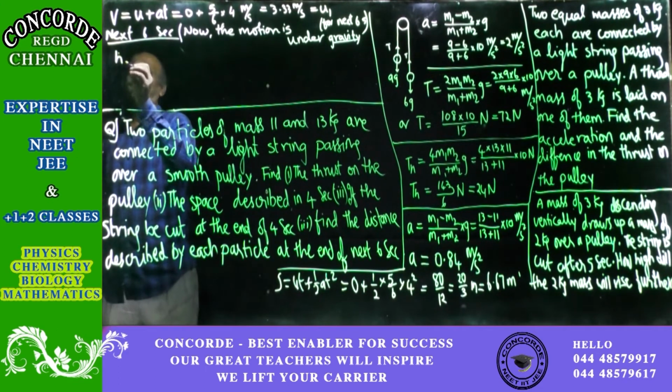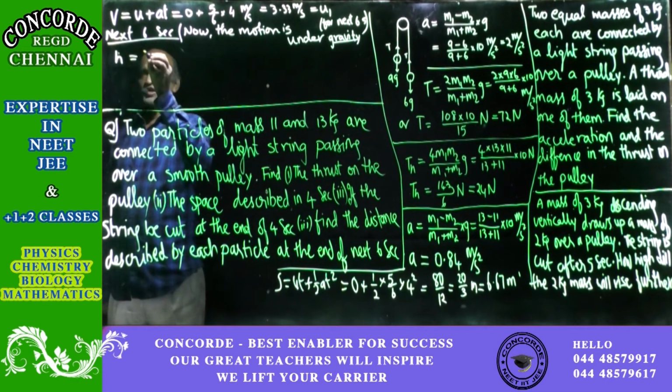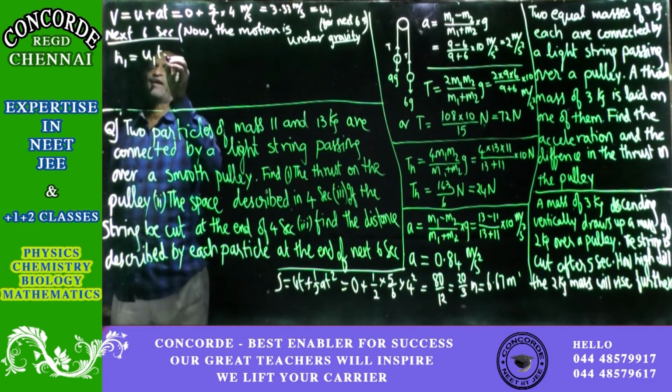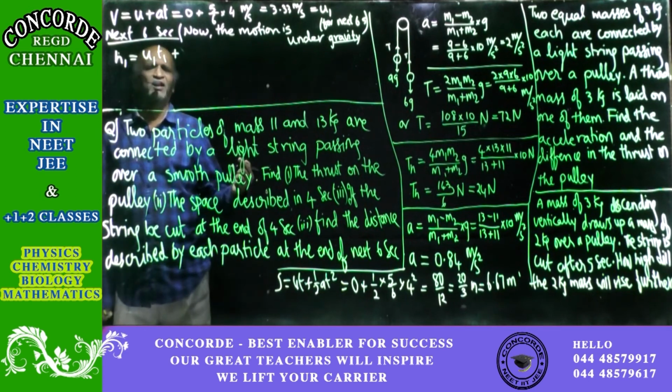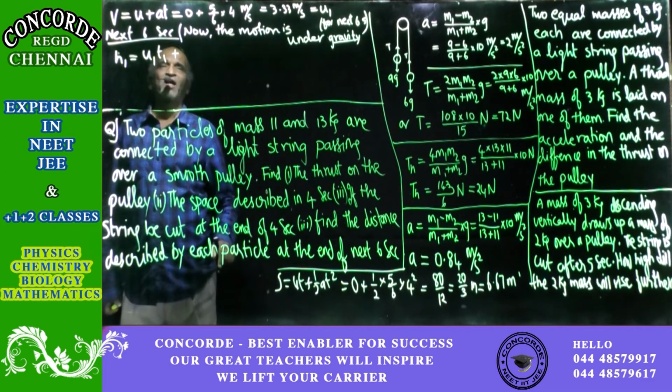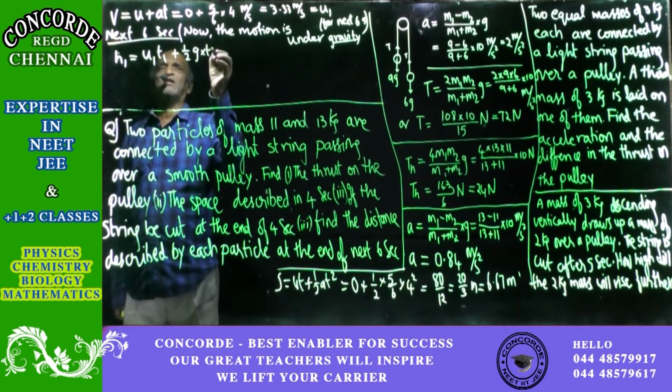Now don't use the distance S. Same value only you will get, but it will be h. So now the initial velocity is there, and that is u1, so I will take it as h1 equals u1 into 6 seconds. And motion is down, acceleration due to gravity will also be down. So g is positive, plus half into g into t square.